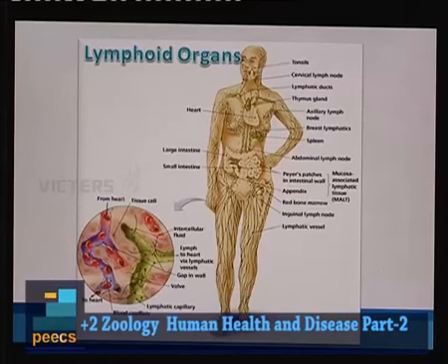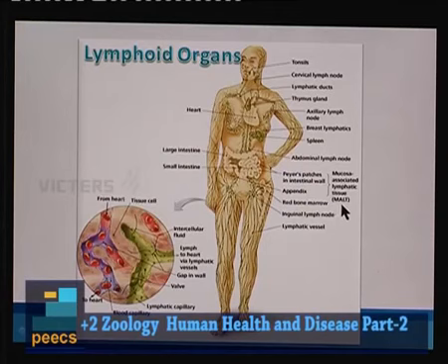In this picture, you can see all the different types of lymphoid organs, not only primary but also secondary lymphoid organs. You can see all around our body certain structures called lymph nodes. Lymph nodes belong to the secondary lymphoid organs. And also you can see MALT.